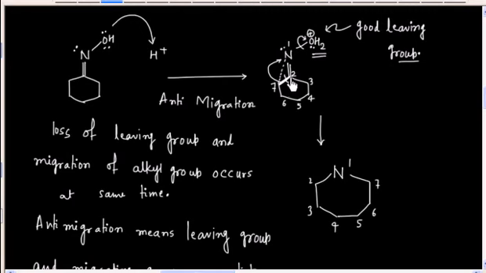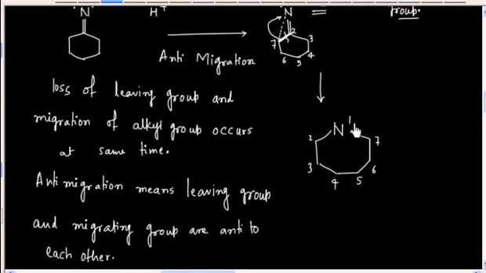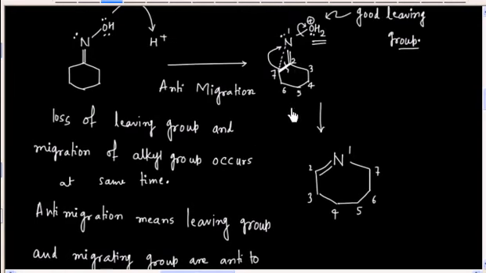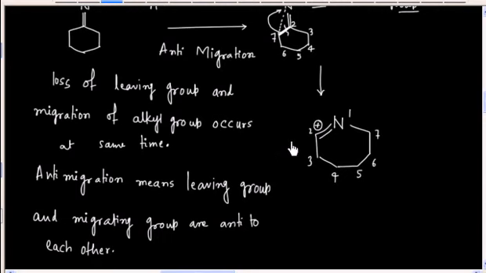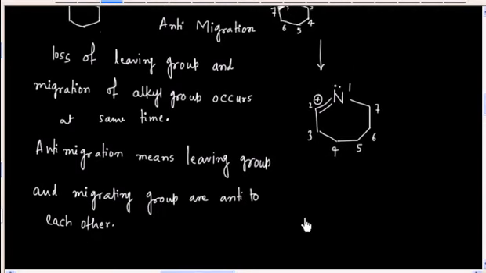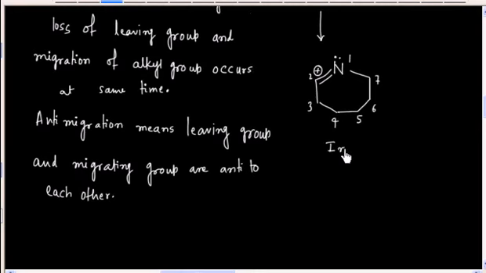Nitrogen and carbon number 2 is connected by a double bond. Carbon number 2 will also have a positive charge. So this is the intermediate we will have.